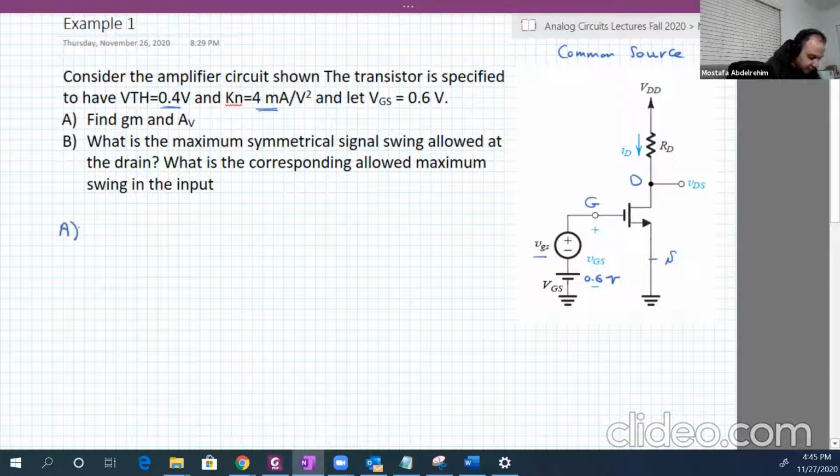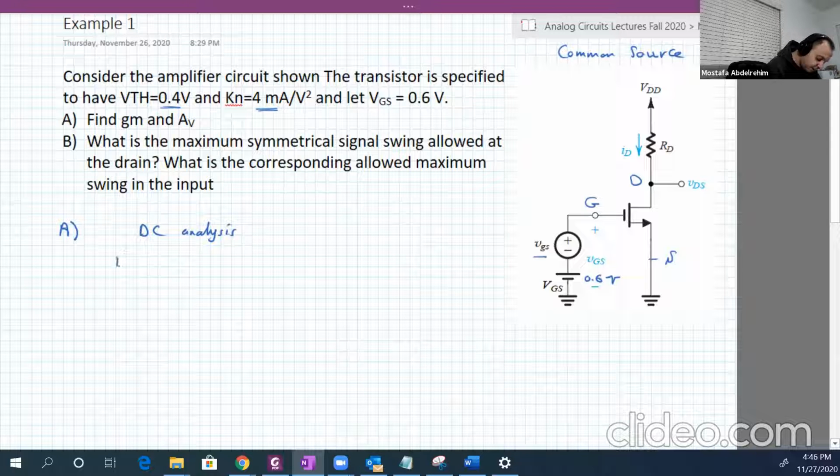Find GM and AV. So we'll have the DC analysis. And in the DC analysis, we're gonna verify that we are working in saturation. So we have to calculate ID, then calculate VDS.